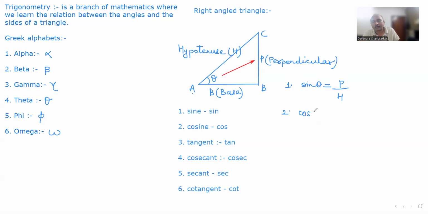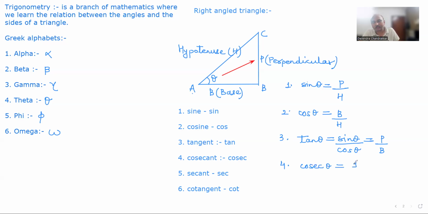Second is cos theta. Cos theta is given as base upon hypotenuse. This is how the ratios are. The ratios of the sides are connected to the trigonometric values, right? Tan theta is given as sine theta upon cos theta. And this is equal to perpendicular upon base. Okay. Fourth one is cosec theta.